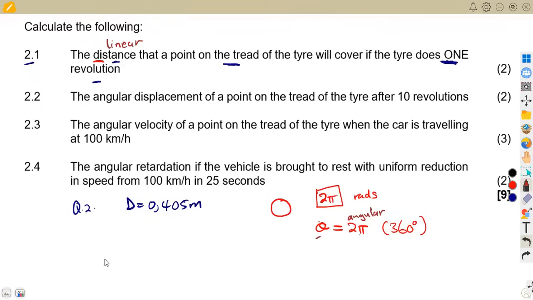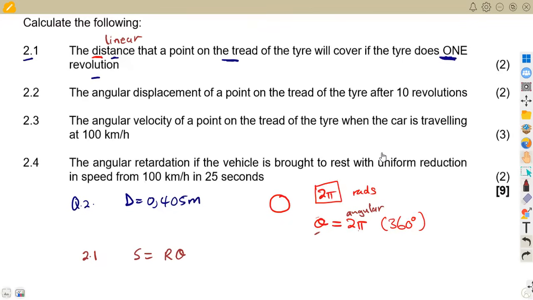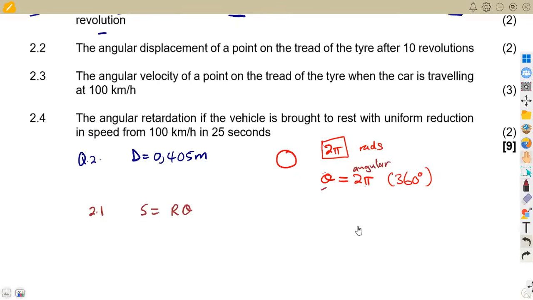Remember what I said: S is equal to R theta. Anything that is in angular motion, if you multiply it by the radius, gives you the linear motion, which is the distance.